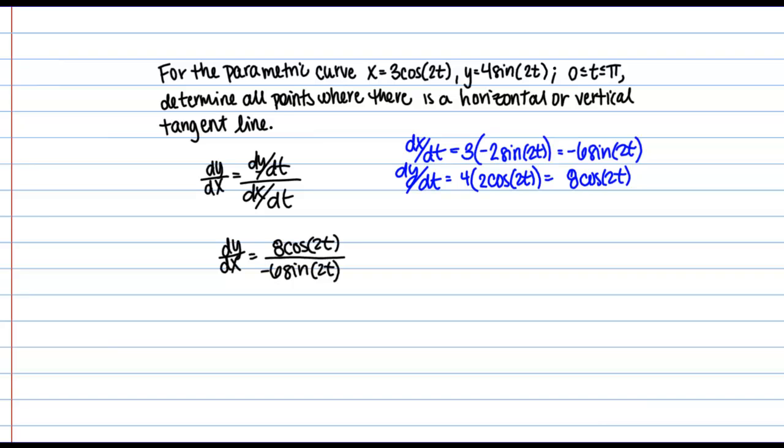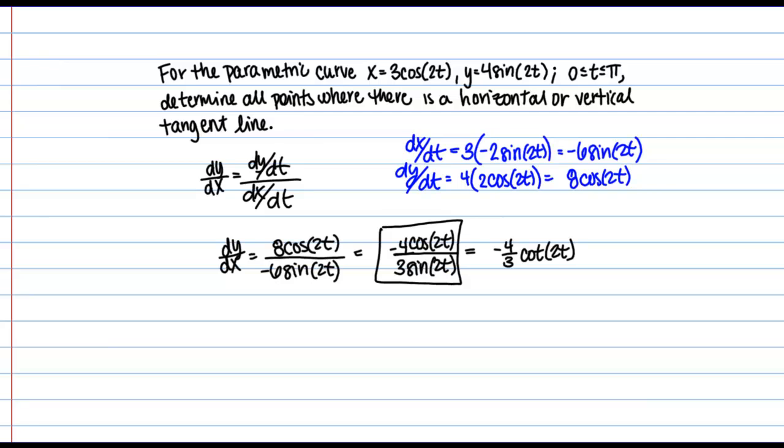Or I could reduce and write that as negative 4 cosine of 2t over 3 sine of 2t. Now we could even write this as negative 4/3 cotangent of 2t, but I actually think this form here is going to be a little more helpful for us in what we want to do next.